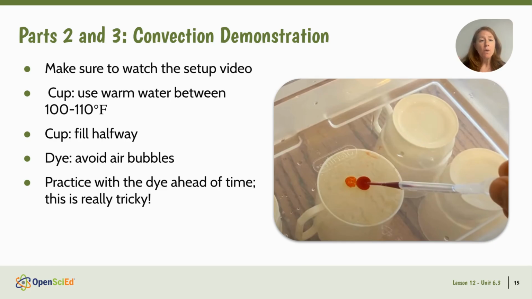We're going to have one control with no thermal energy added. But in our second setup where we're adding thermal energy, we want to be deliberate about using just warm water between 100 and 110 degrees Fahrenheit and filling up the cup just halfway. This will naturally lead the kids to ask, what if we make the water hotter? Or what if we add more hot water?